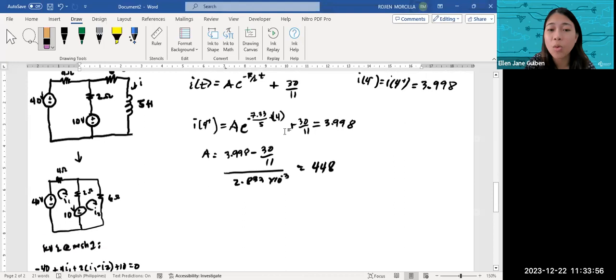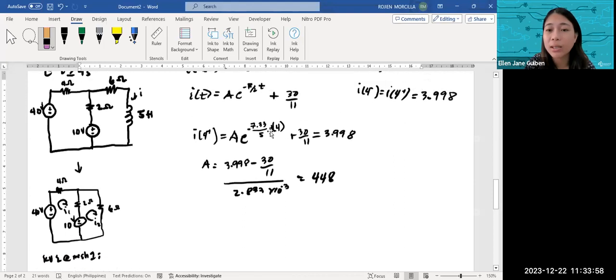But at this moment, where we are getting the initial condition, the initial condition for this circuit actually started at 0, no? So we will be considering the 4 seconds as 0 for this kind of circuit. So this one is 0, because it didn't start at 4 seconds in this time. This circuit started as the time frame is 0. So we will have 0 right here.